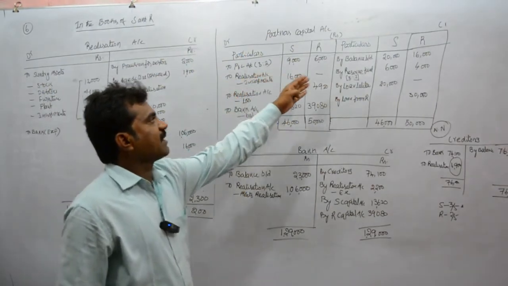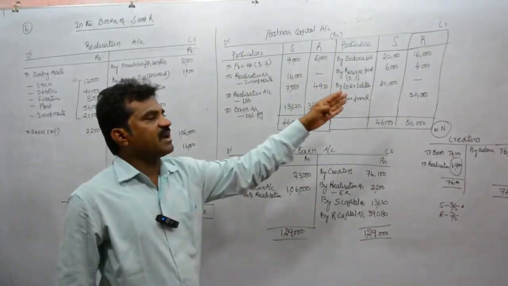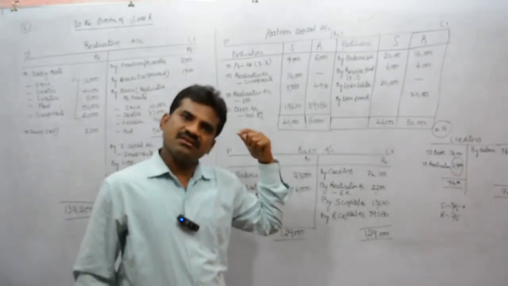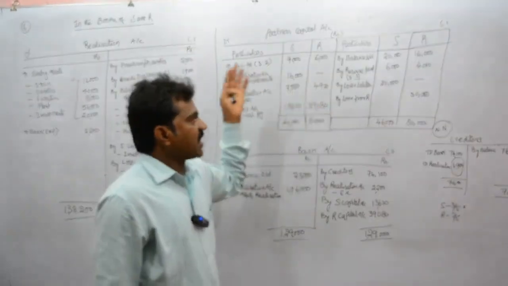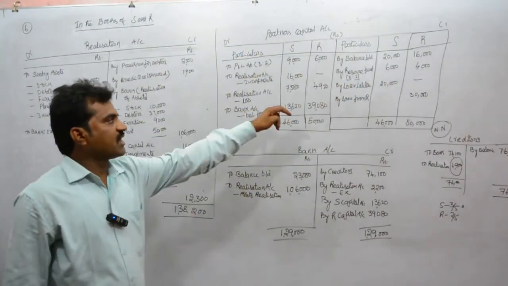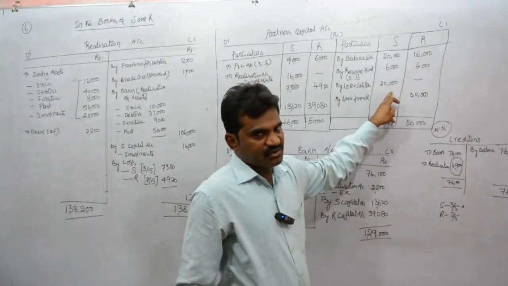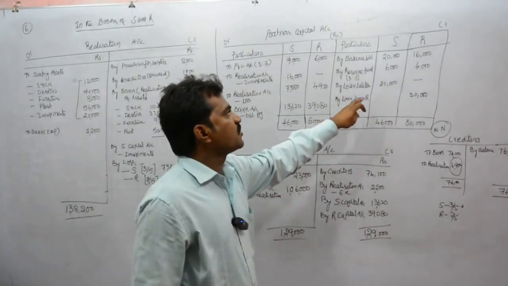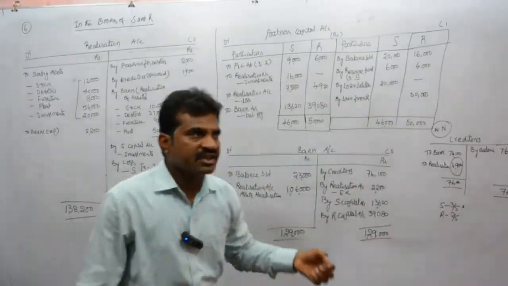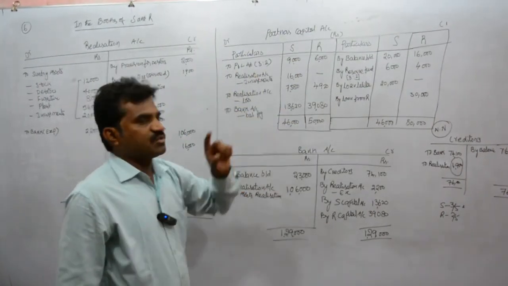And then reserves we have distributed, debit balance also, credit balance also, both we have distributed to the capital accounts. And the loans which they have guaranteed are taken over. So one is from Lalita, wife of S. He has agreed to pay the 20,000, and loan from R also we have transferred to the R account. Remaining realization loss also we have distributed.